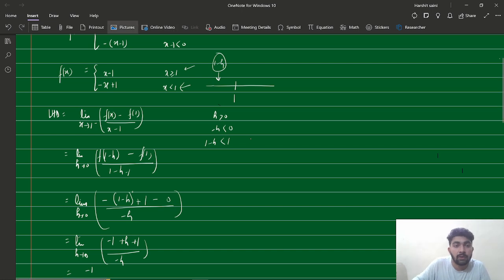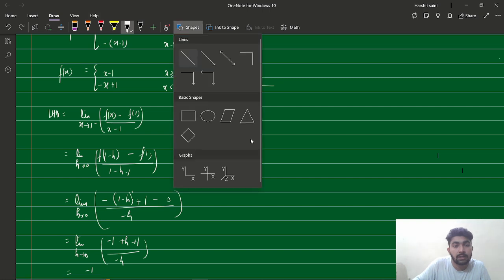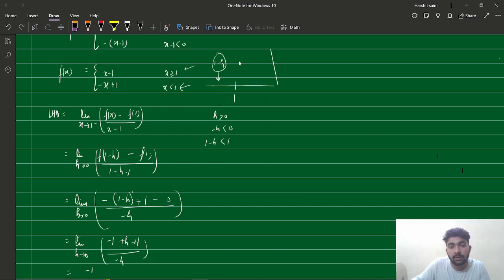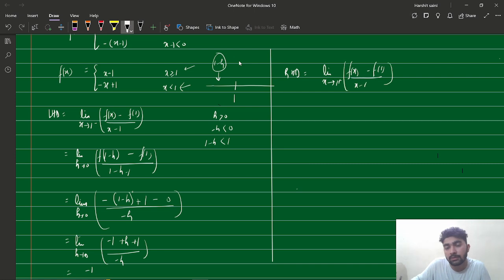Now we need to find the RHD. And how can we find the RHD? The RHD will be limit x tends to 1 positive f of x minus f of 1 upon x minus 1.